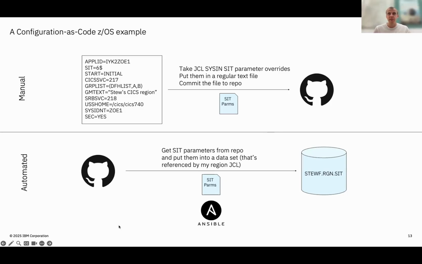When changes go into GitHub and are approved, they have Ansible automation. That Ansible automation takes those changed SIP parameters, regenerates the SIP params and puts them into a data set. That data set is then pointed at dynamically by their JCL scripts. So they just point at where Ansible is going to build those to, and that gets them a solution, which means they can now control the SIP parameters on their CICS region.